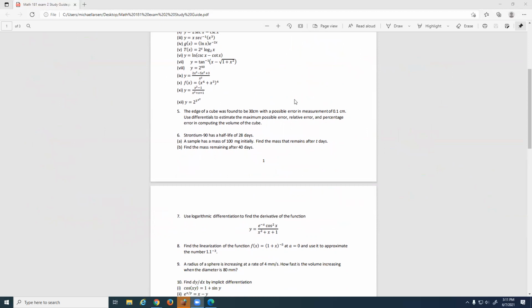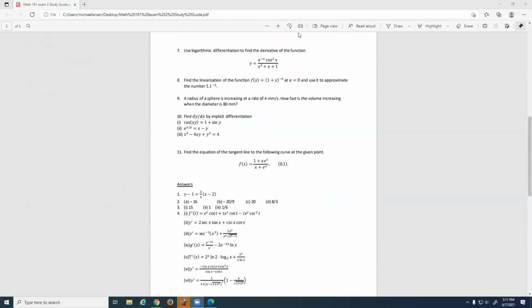All right, so I scrolled up a little bit too far. Number 7. We're going to use logarithmic differentiation to find the derivative of the function. So our function, let me write it, y is equal to e to the minus x cosine squared x divided by x squared plus x plus 1. All right, so what's the first step in any logarithmic differentiation problem?